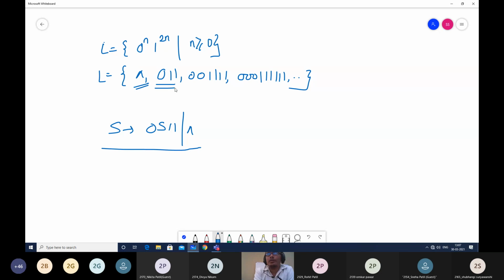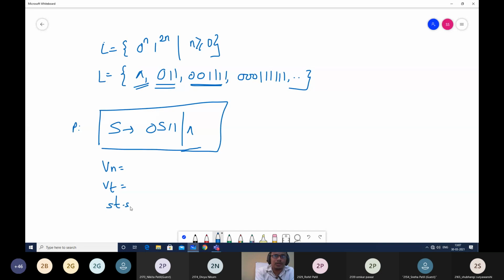When I want 011, I'll apply this once, then S gives null. When I want this, I'll apply this 2 times and then S gives null, and so on. So this is my production rule P. Accordingly, you can write what your Vn, Vt and starting symbol are.